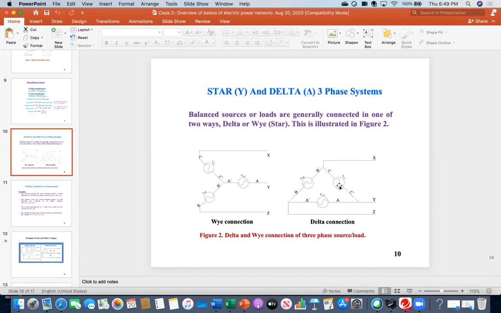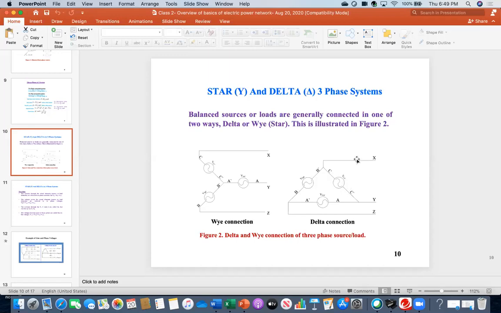You cannot tell exactly, but at least you can guess because this current is the combination of this current and this current. Again, you cannot say if it is half or not. So in this case, line current and phase current are not the same.